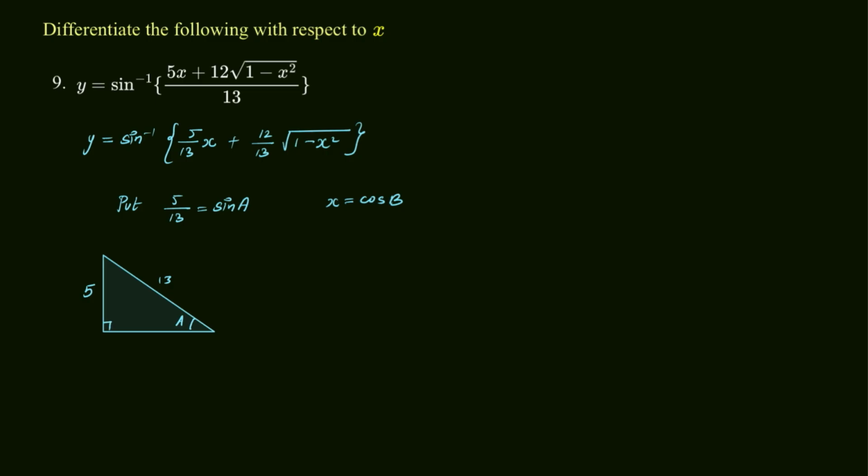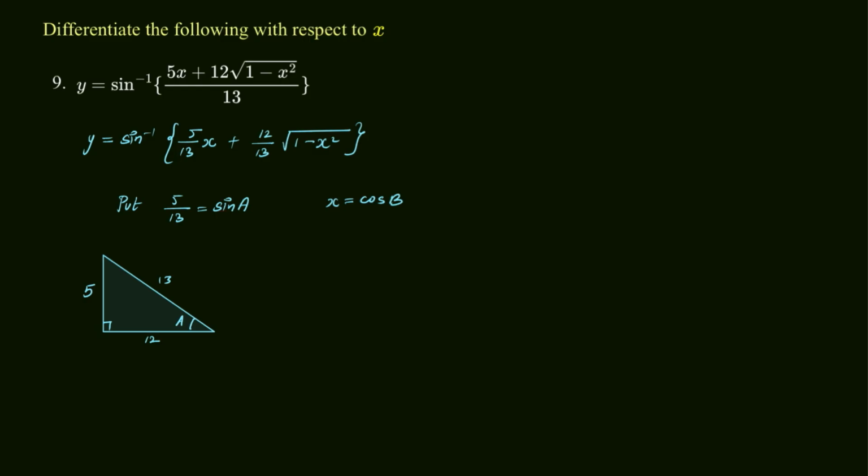Now using Pythagoras theorem, hypotenuse square equals perpendicular square plus base square. So 169 minus 25 equals base square, which is 144 equals base square. The square root of 144 is 12, so in this triangle my base is 12.